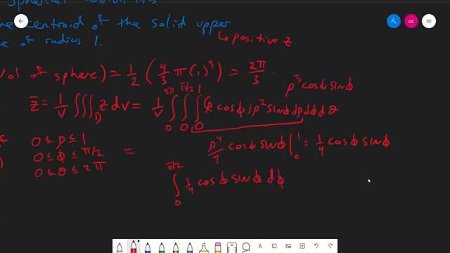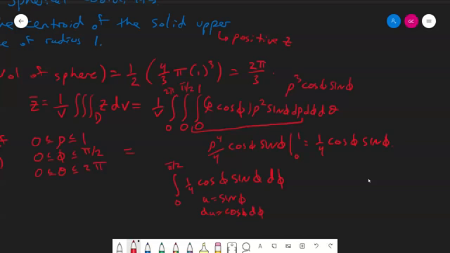And there are a couple ways you can do this. Some people like to use a trig identity to rewrite cosine phi sine phi using the double angle formula. Or you can just do a substitution where you say, if I take u to be sine of phi, then du is cosine phi d phi.